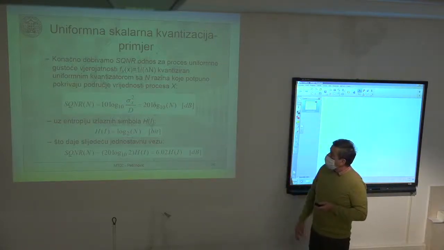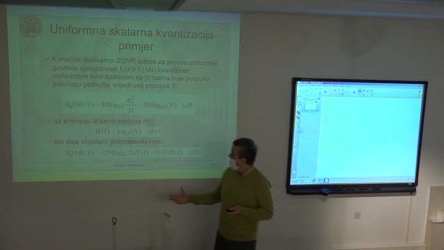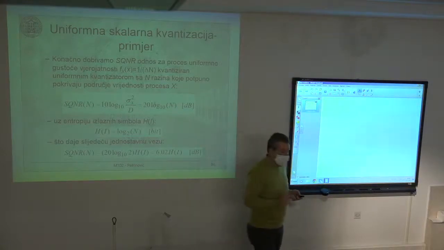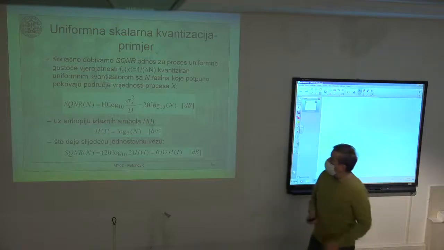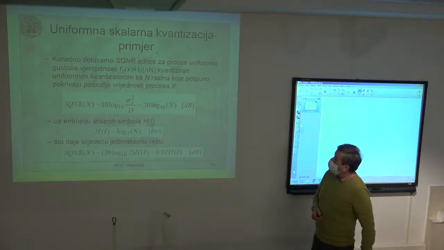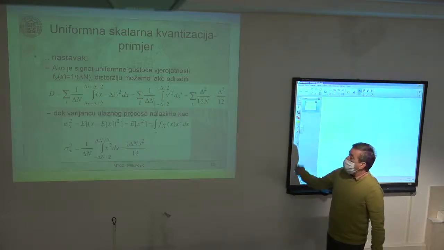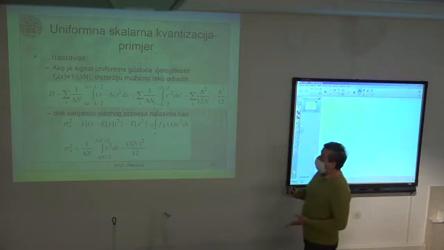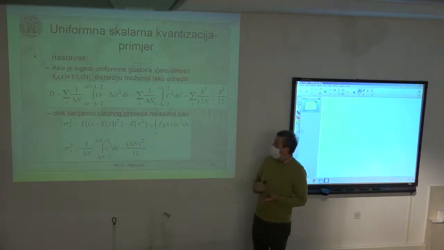This derivation was done for a very simple example, under the assumption that the process has a uniform distribution. So we assumed that the process has uniform distribution in the range defined by the dynamics of the AD converter, from the maximum negative value to the maximum positive value.